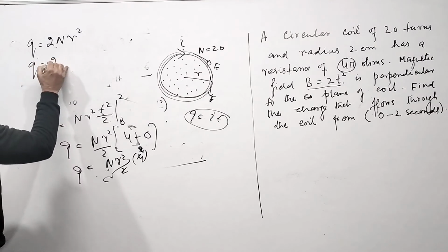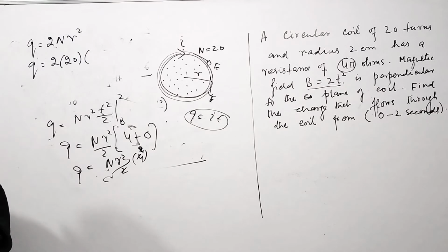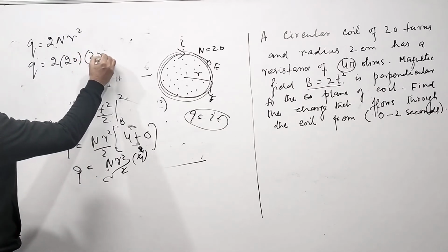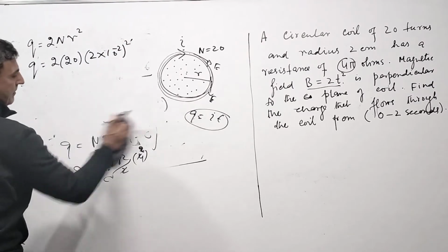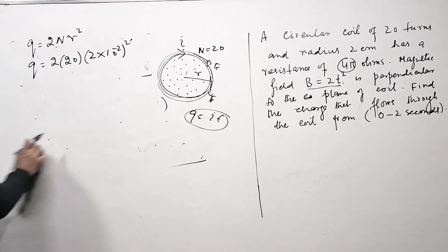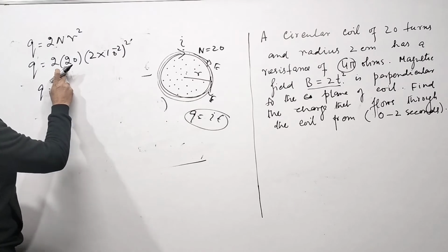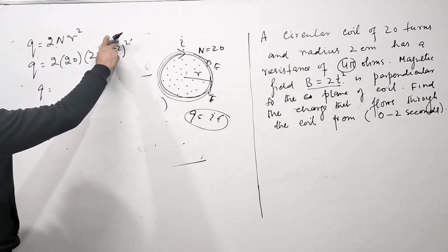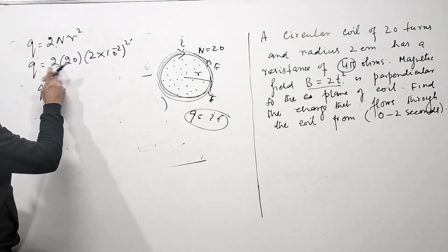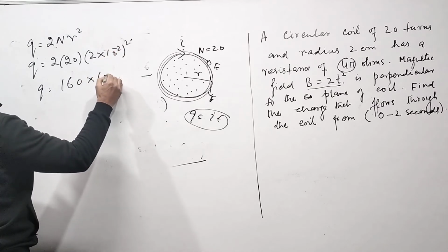So substitute the values. 2 into, how much is N? That is 20 turns. How much is R? That is 2 centimeters, that's 2 into 10 raised to power minus 2, squared. Now Q is 2 times 20 is 40, 40 times 4 is 160, into 10 raised to power minus 4.